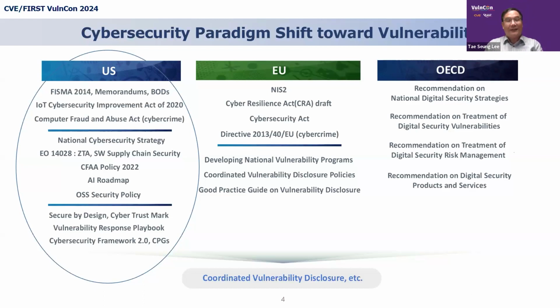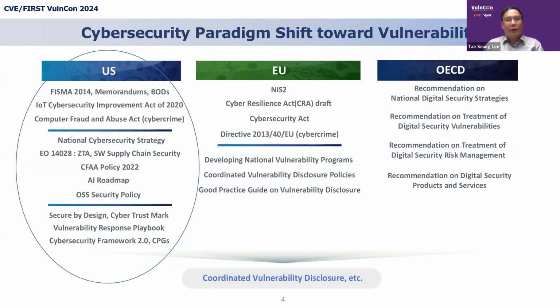Also, US issued President Executive Order 14028 in May 2021. It requires federal agencies to implement a zero trust architecture and software supply chain security, which commonly include coordinated vulnerability disclosure.